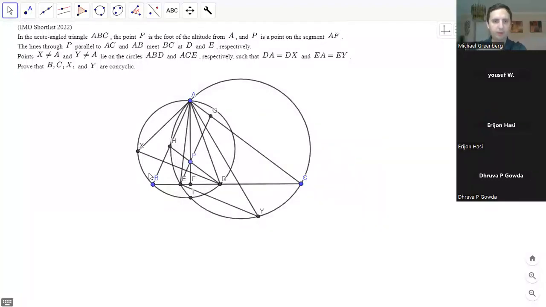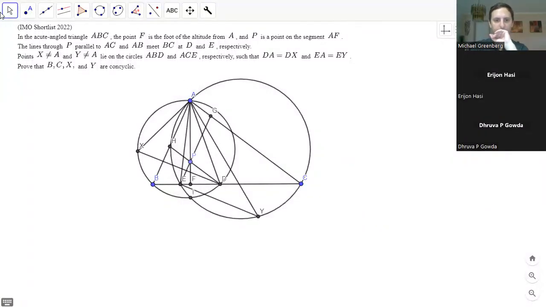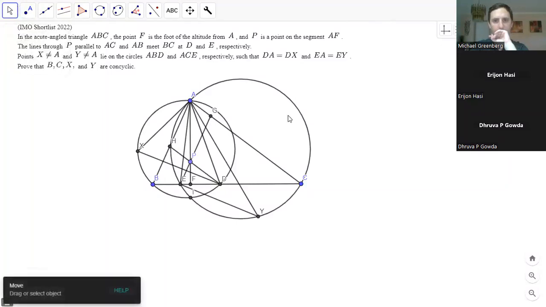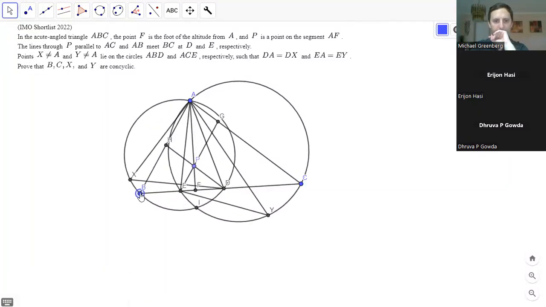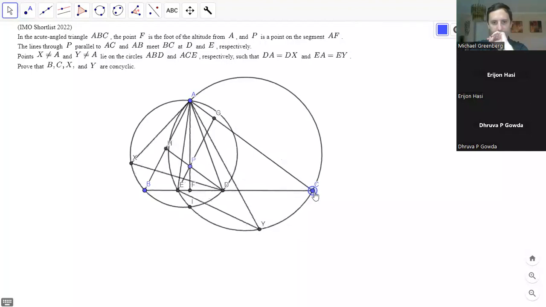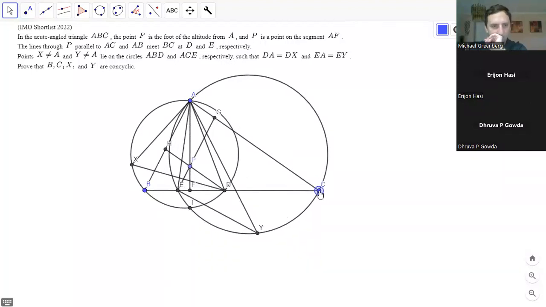So can we show that either P or F have the same power with respect to these circles? Let's see. So FD times FB, we could try to show that's FE times FC. And you should be able to do that with similar triangles, right?